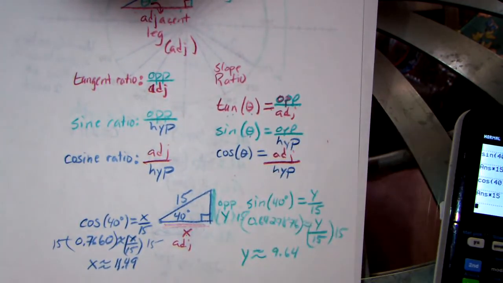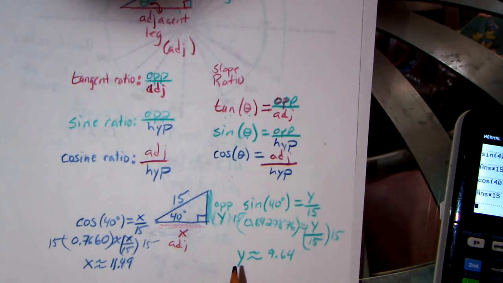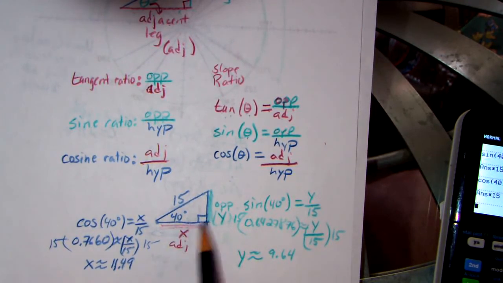And if we look at the answers we got here, they should kind of make sense and seem reasonable. So if you look at the triangle, remember that in a triangle, the biggest angle is always opposite the biggest side. So in this triangle, 15 was the biggest side, 90 was the biggest angle. 40 means that this one's going to be 50.